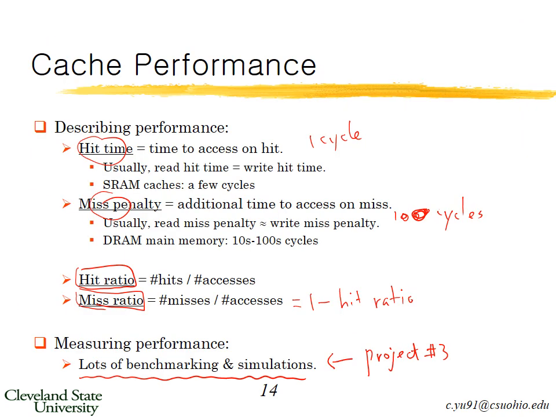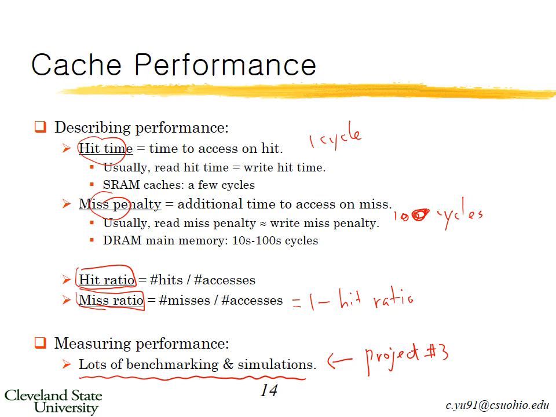So cache performance can be measured in a number of different ways. Hit time and miss penalty, we already discussed. Then hit ratio and miss ratio. Of course, miss ratio is equal to 1 minus hit ratio. Another possibility for measuring performance is to use multiple benchmarks and simulation.